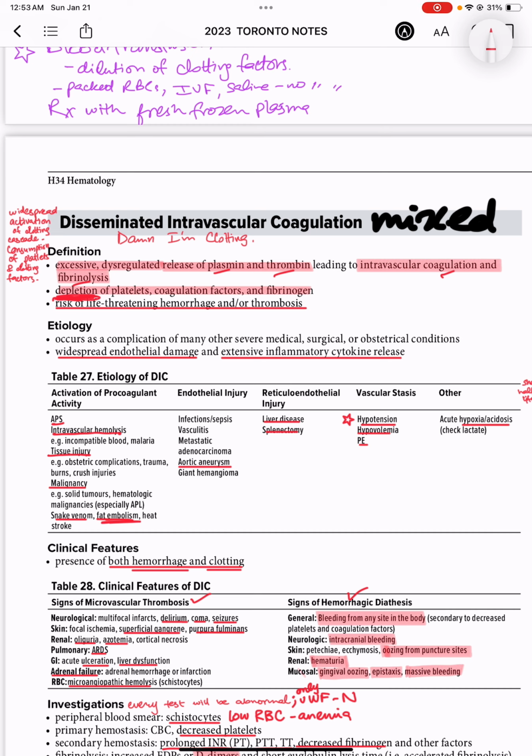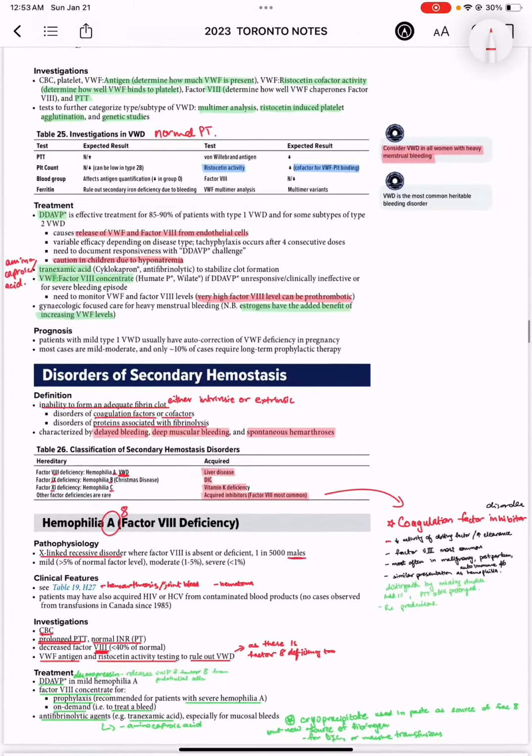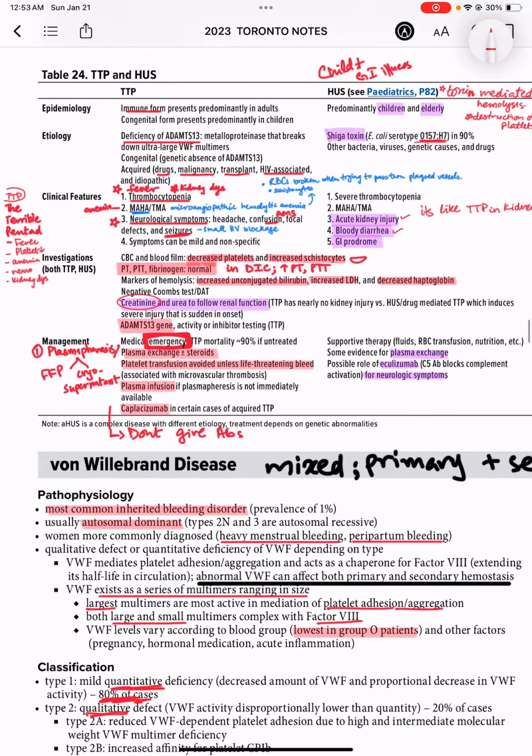So basically on the whole, we are being depleted of platelets, coagulation factors, and fibrinogen. We are having a loss of platelets and also a loss of coagulation factors. So on both sides, that is why it is mixed. So you have abnormalities in both primary and secondary hemostasis.